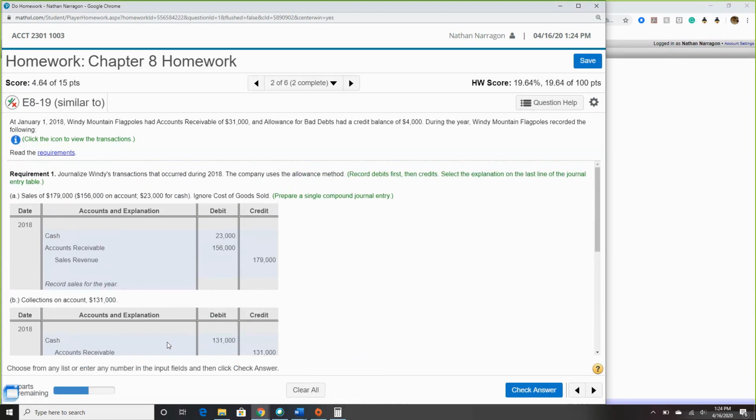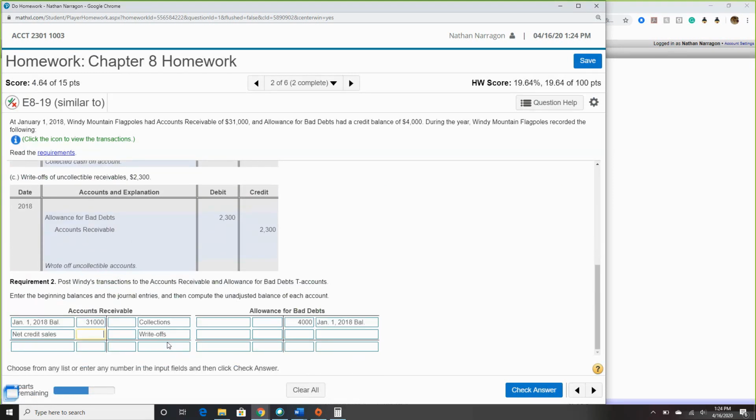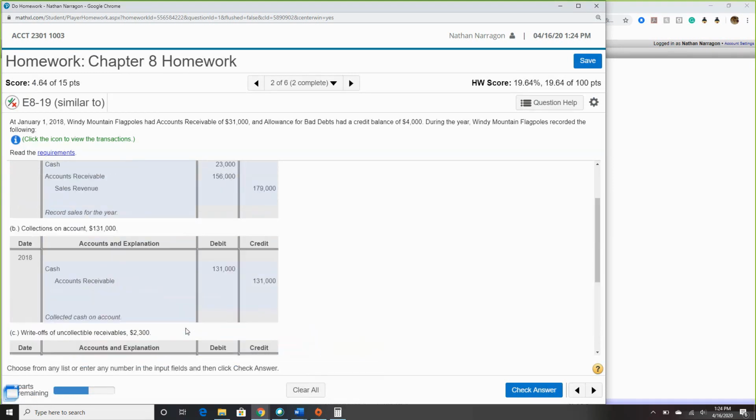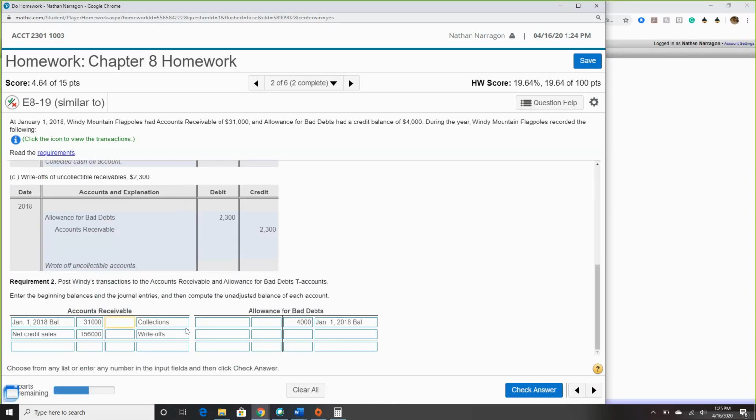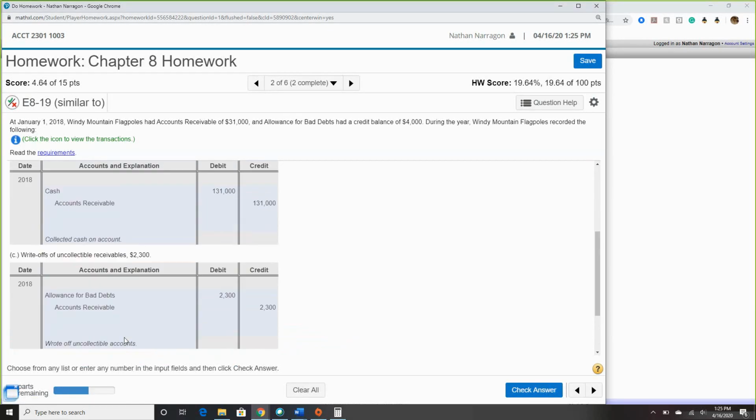Sales was 156, collection, write-off, 20.